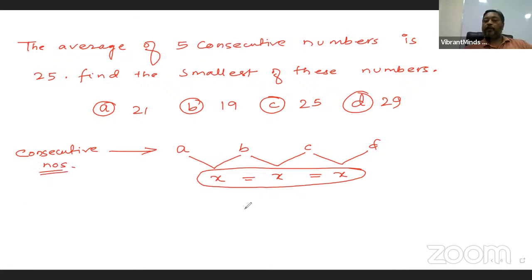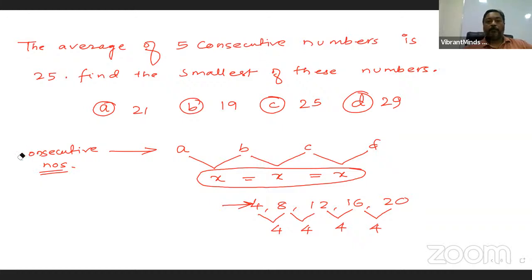Let me give a real example. Let's say I have multiples of 4: 4, 8, 12, 16, 20. See, the difference is 4 each time. Did you get my point? So I will call these consecutive numbers. So here the average of 5 consecutive numbers is 25. Find the smallest of these numbers.